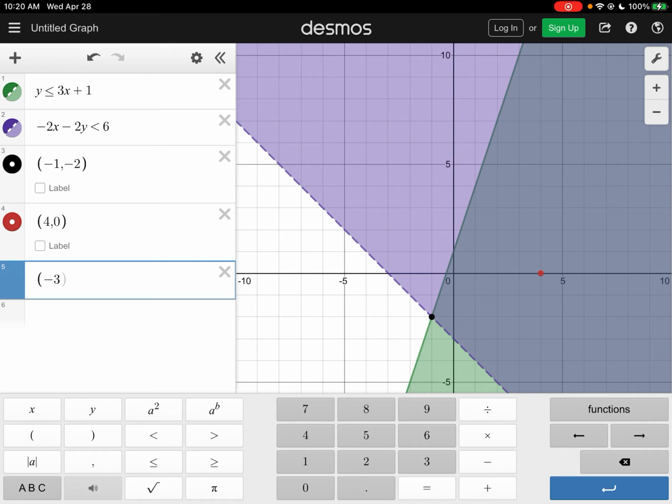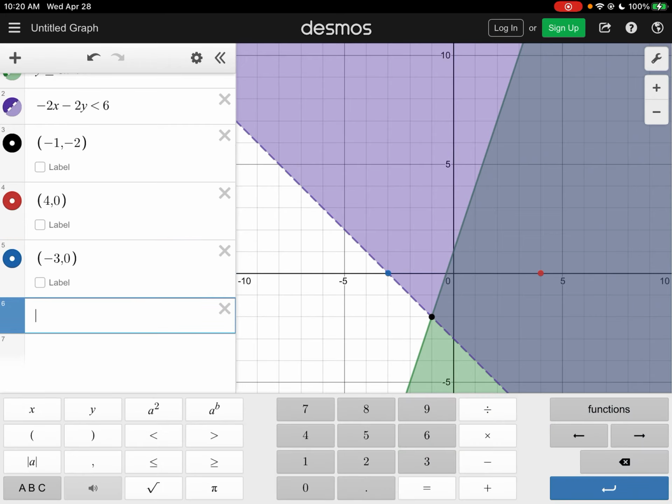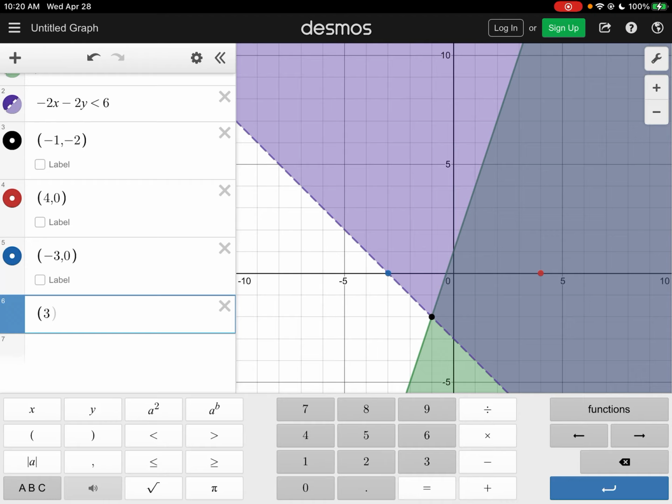We got (-3, 0). Let's see if that ends up in the gray. Okay, it's right here. It is not in the gray section where my inequalities overlap. So (-3, 0) is not a solution to the system. So let's try the last one. (3, -3).